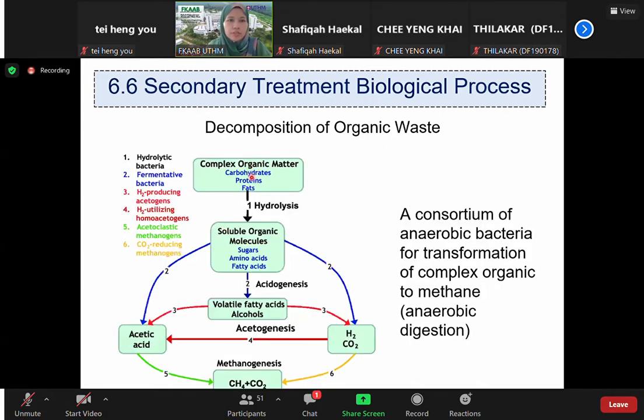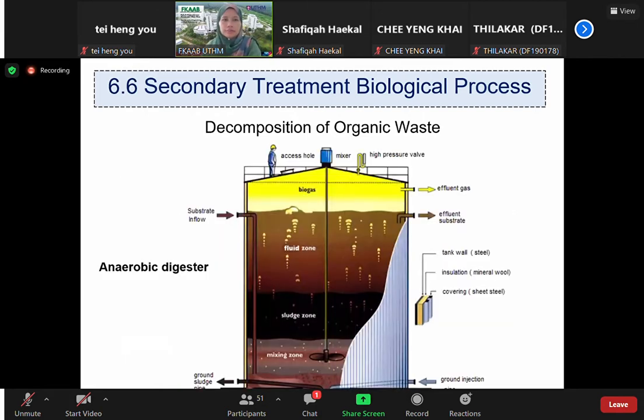Basically the complex organic matter from your wastewater will be hydrolyzed to sugar, amino acid and also fatty acid. Then acidogenesis, then finally methanogenesis. Methane, yani. So this is a very valuable biogas production.